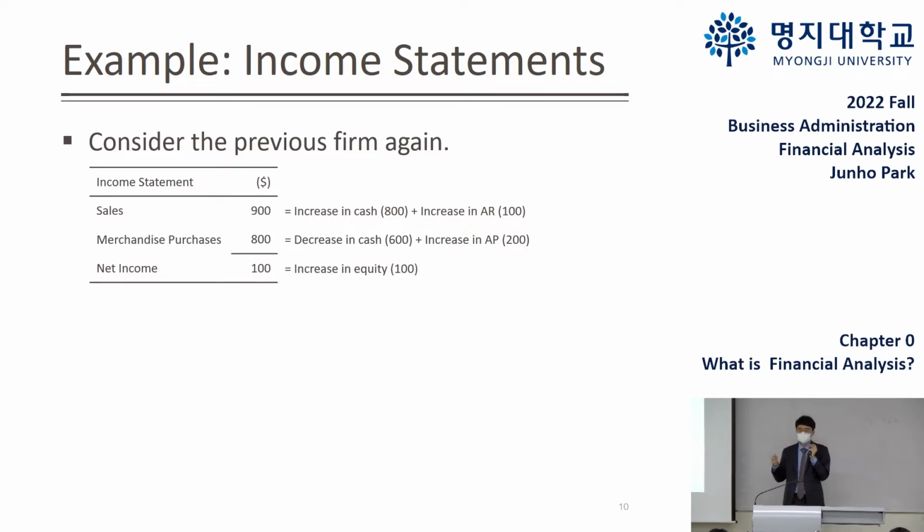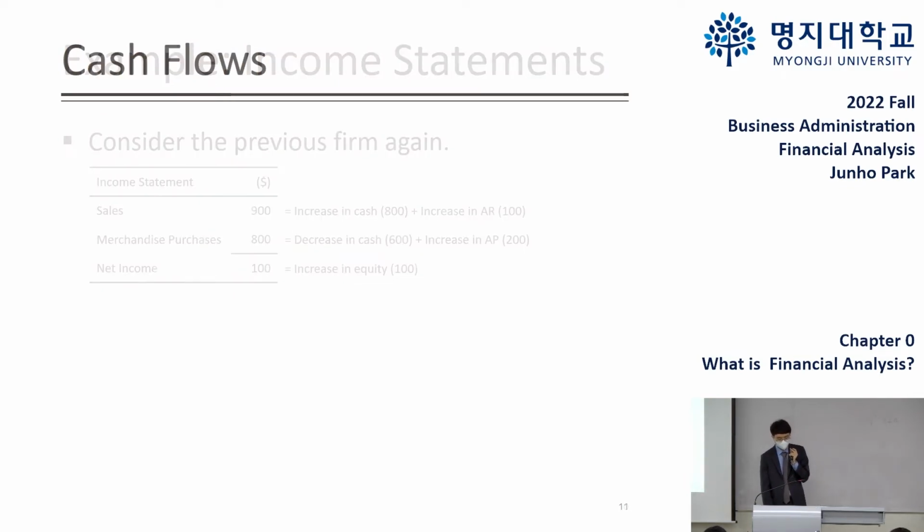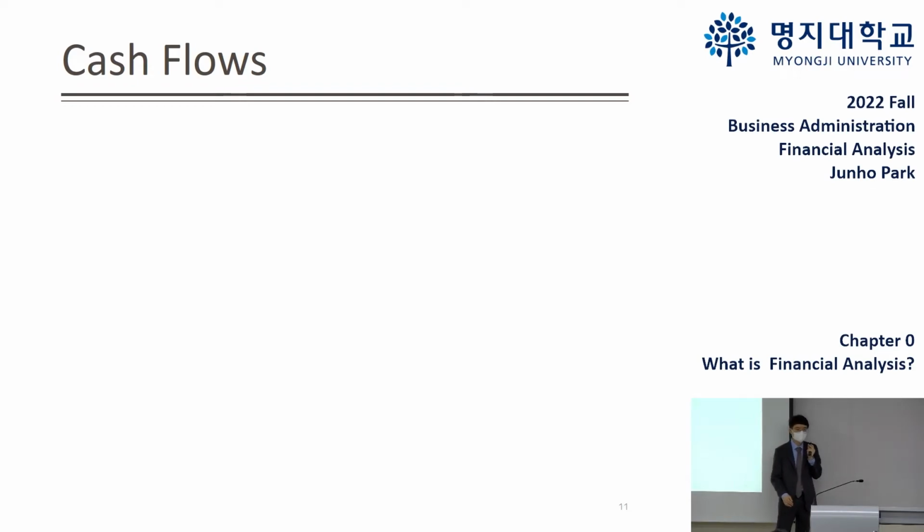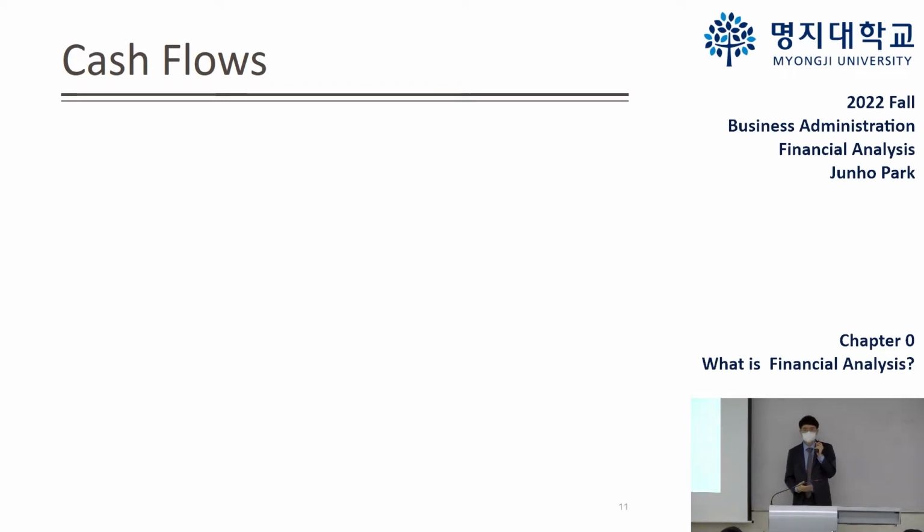Okay, so far we have taken a look into two major statements, which are balance sheets and income statements. And from the example that I used, you can realize that running a business involves a lot of changes in your cash.